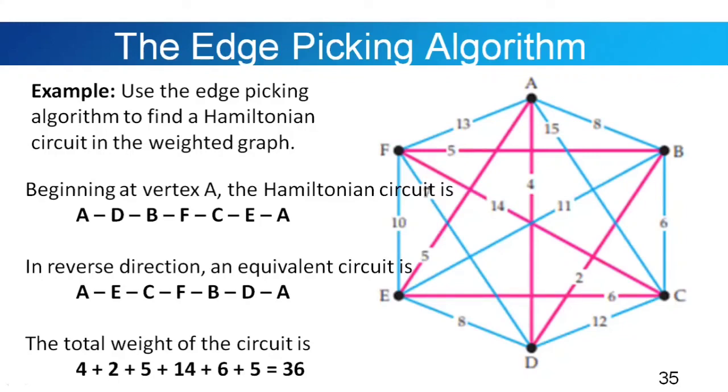Beginning at vertex A, the Hamiltonian circuit is A, D, B, F, C, E, and A. In reverse direction, an equivalent circuit is A, E, C, F, B, D, A. The total weight of the circuit is 4 plus 2 plus 5 plus 14 plus 6 plus 5, which is equal to 36. In reverse direction, we have 5 plus 6 plus 14 plus 5 plus 2 plus 4, and that is also equal to 36.